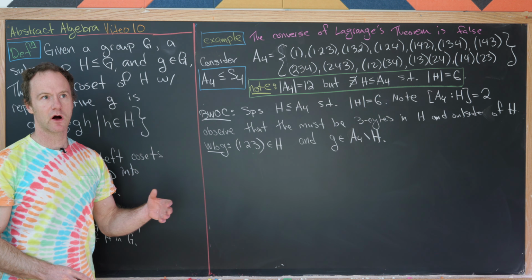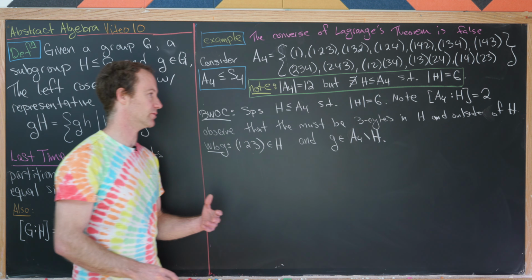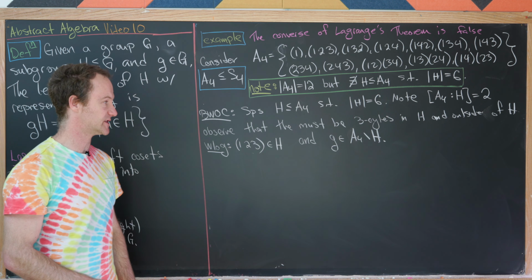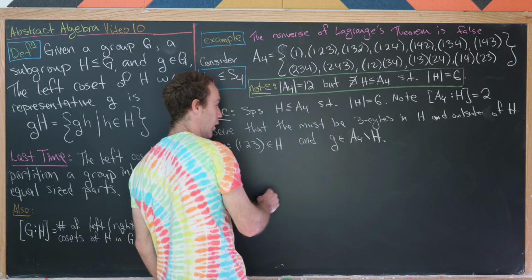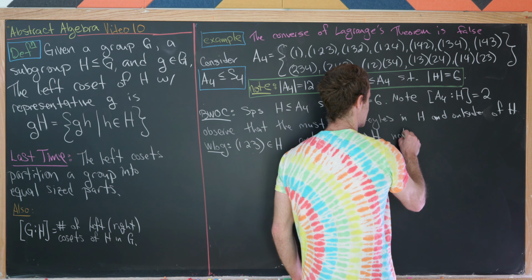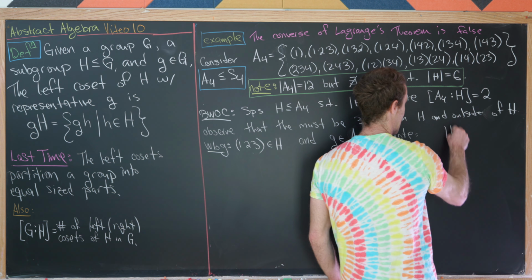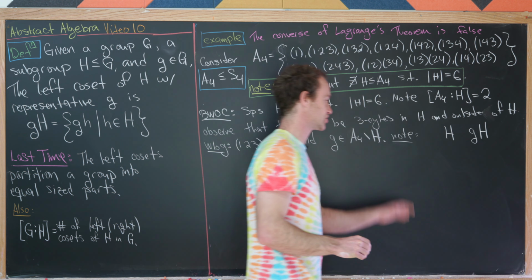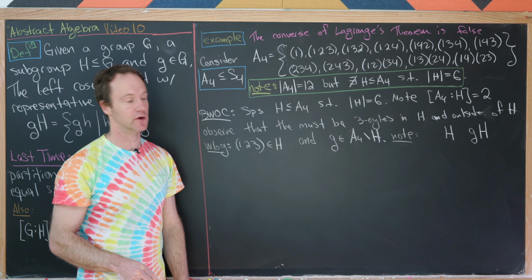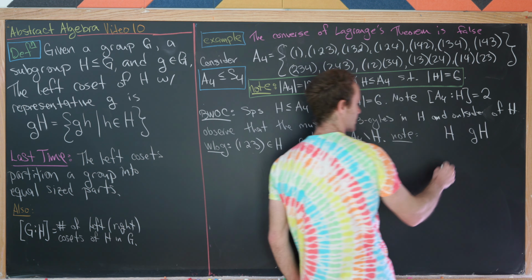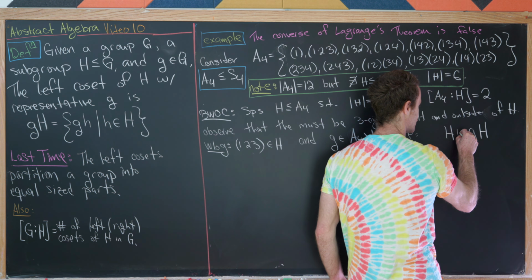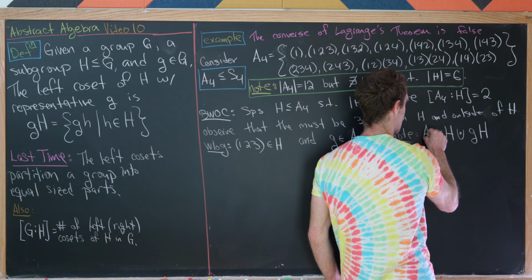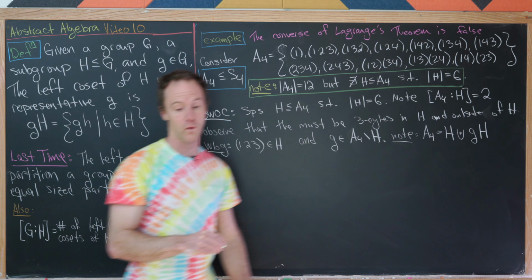But now let's recall that cosets partition a group, and there are exactly 2 cosets. One of those cosets is equal to the subgroup itself, H, and another one of those cosets is gH. So those are the only 2 cosets. But like I said, they partition a group. That means their disjoint union is the entire group A4.